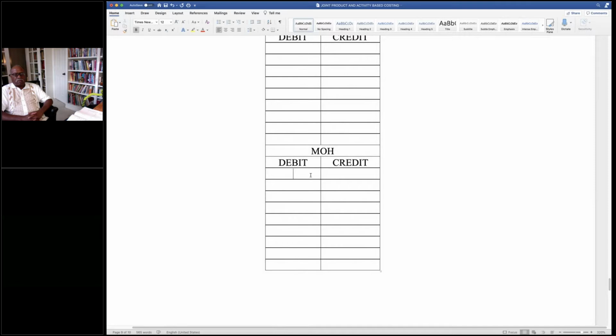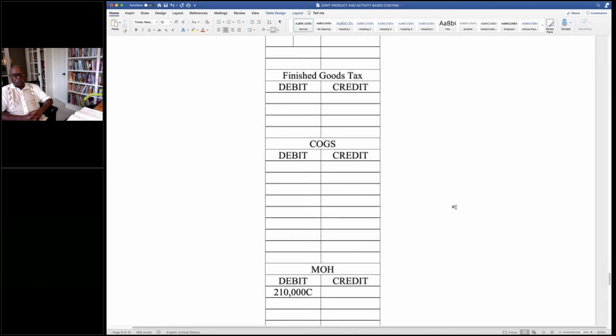All right, and we're going to debit the $210,000 that was given to us earlier in the document. And then, like I said before, we would credit cash in another T chart, but it's not relevant for the document, so we don't have it. And then I guess we can continue with the rest of the journal entries for principals.